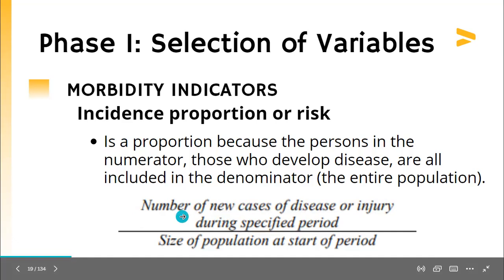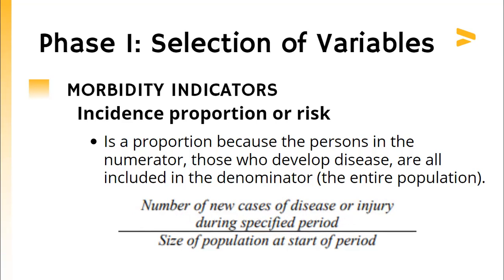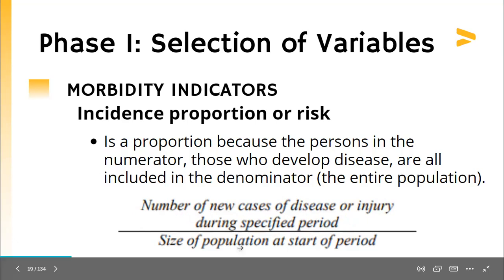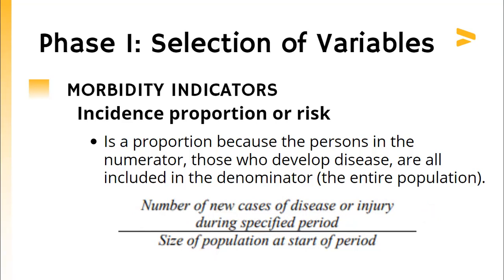So the numerator is the number of new cases of disease or injury during a specified period, and we compare it with the total size of the population at the start of the period.